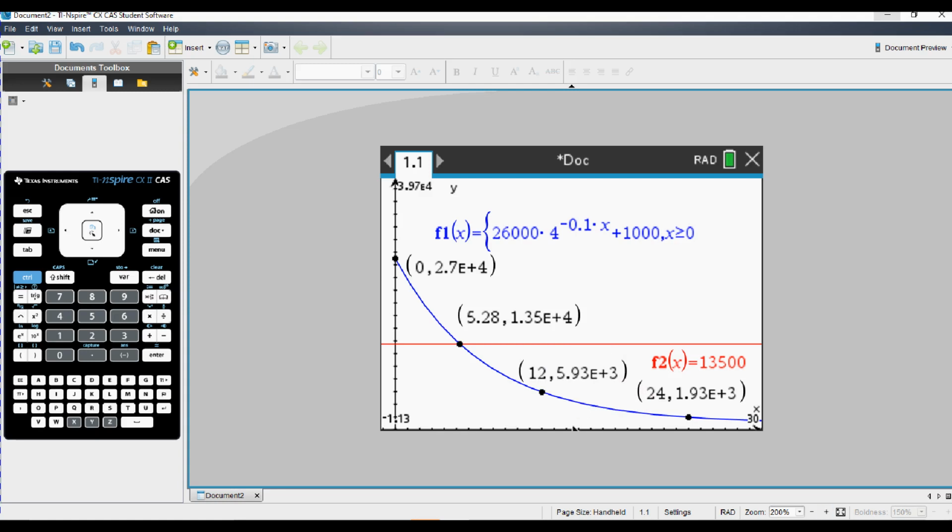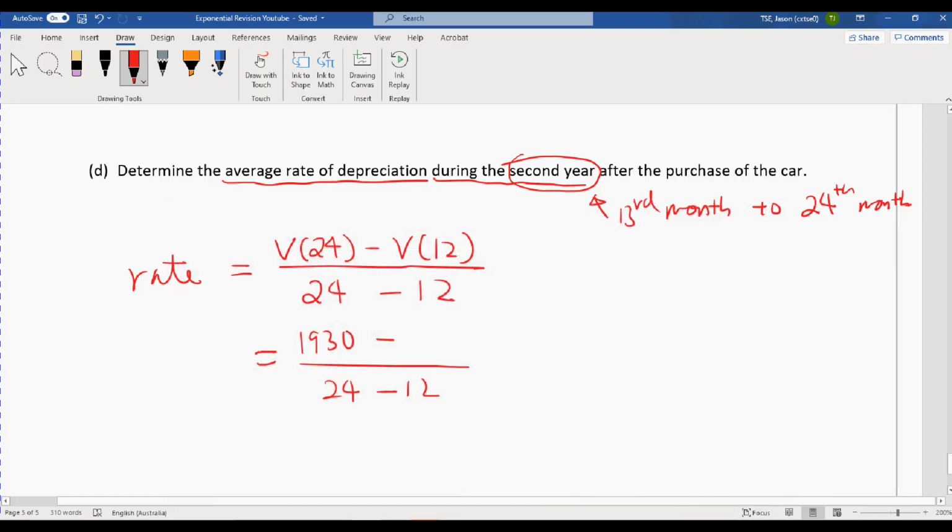So you see the value of the car at the end of 12 months is 5.93 times 10 to the power 3. Good. And that would be 1930.